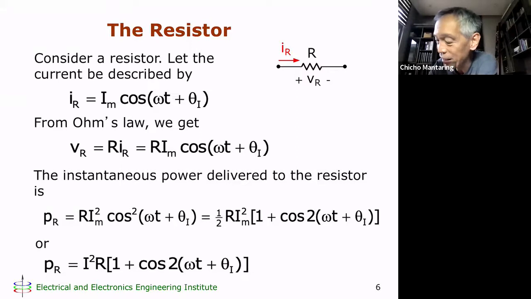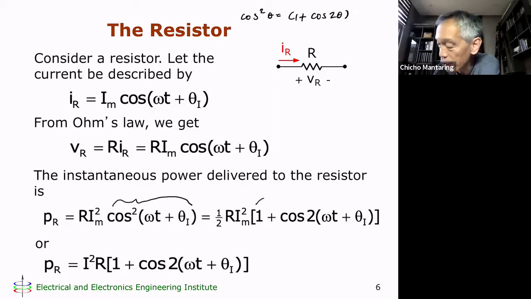The identity is something like this: cosine squared theta is equal to 1 plus cosine 2 theta. That is the trigonometric identity. So cosine squared(omega t plus theta I) is equal to 1 plus cosine 2(omega t plus theta I). So I can express my power this way: power is equal to I squared R times 1 plus cosine 2(omega t plus theta I).